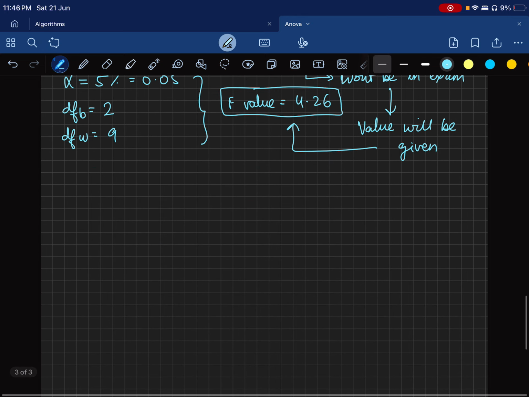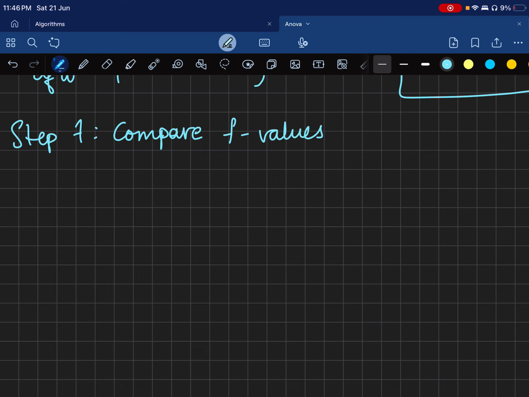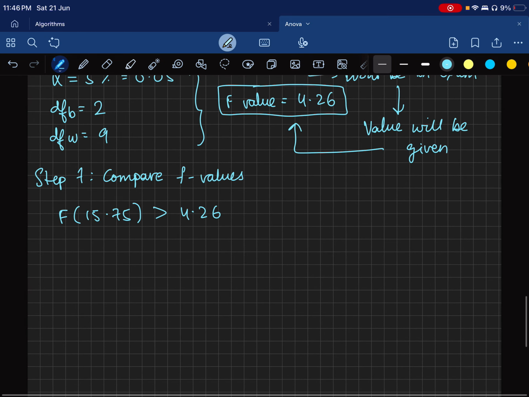Okay. So now the final step is to compare the F value. So what is the calculated value? The calculated value which you got was 15.75, which is way greater than 4.26, which is the actual value.